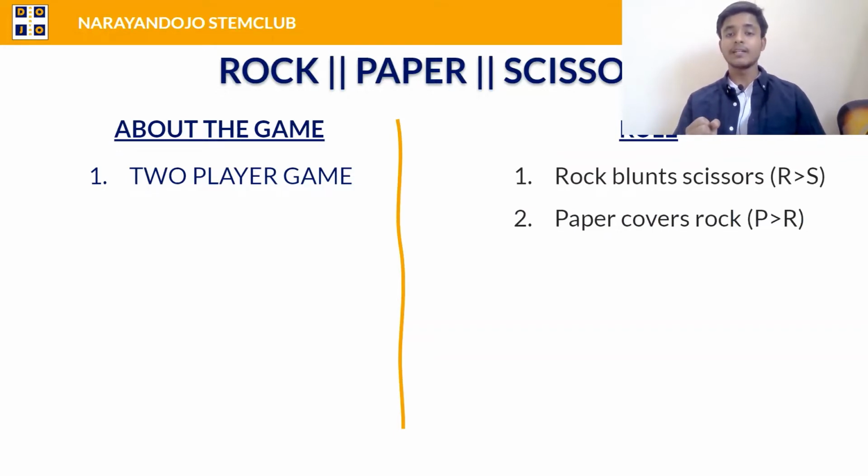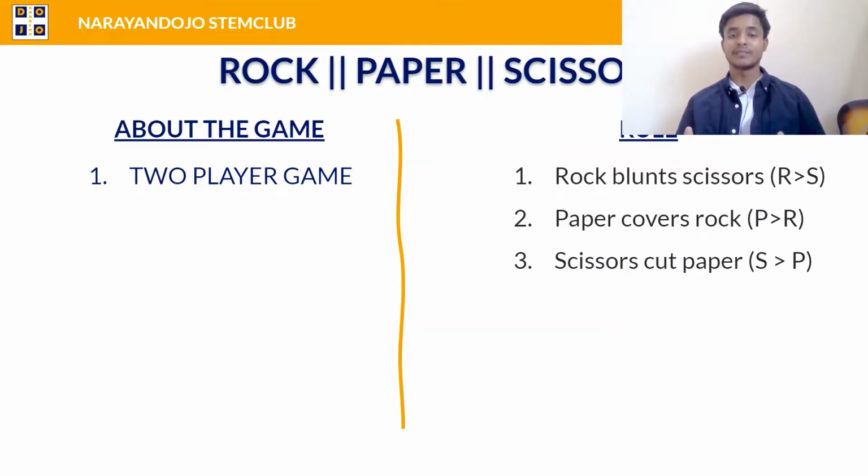So the player who gives paper over the rock will win. In the same way, scissor cuts the paper. So the player who gives scissor over the paper will win. So these are the rules of the rock, paper, and scissor game.